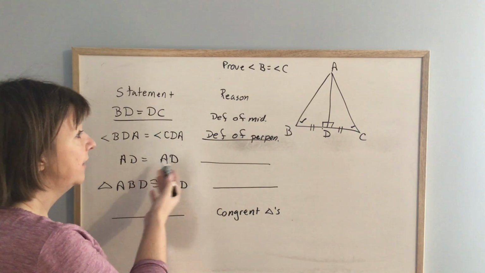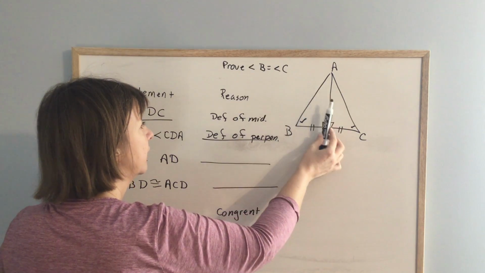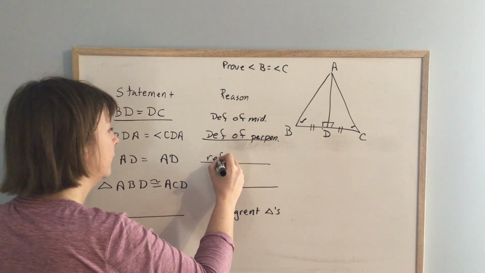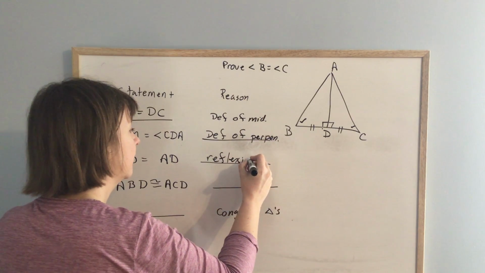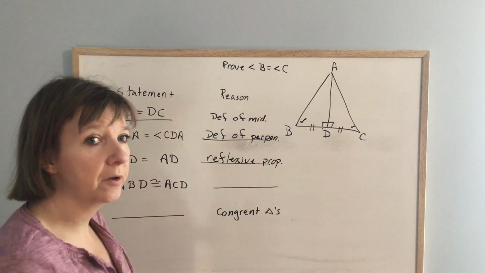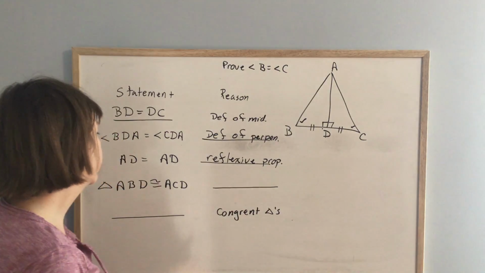Then they say AD is equal to AD. Well, AD is part of this triangle on this side. It's also part of this triangle on this side. So that would be the reflexive property. The reflexive property is always when a line is shared between two different shapes.